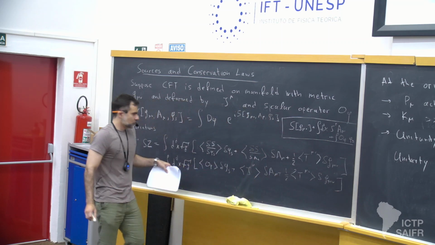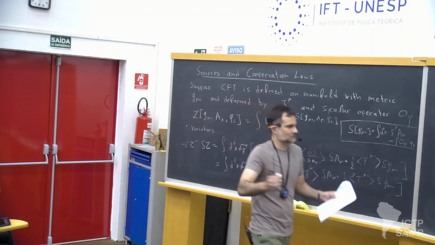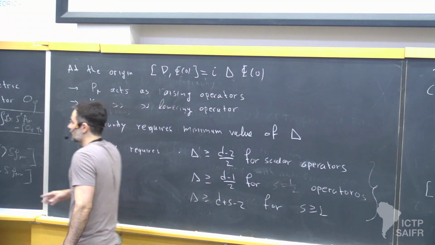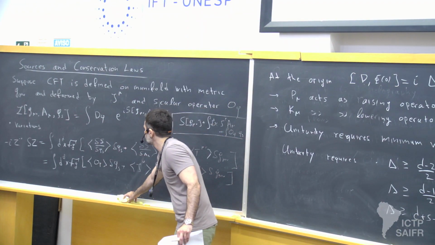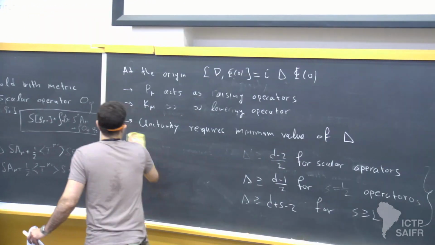Now, this is for a general variation. I'm varying my sources, I'm taking derivatives with respect to my sources, and I know that I can read off the vacuum expectation values of O phi, j, and the stress tensor.